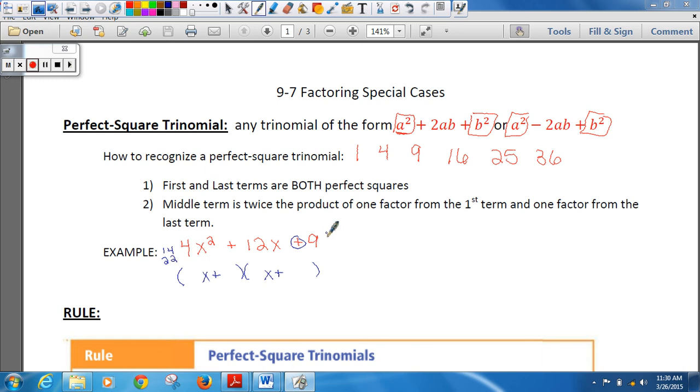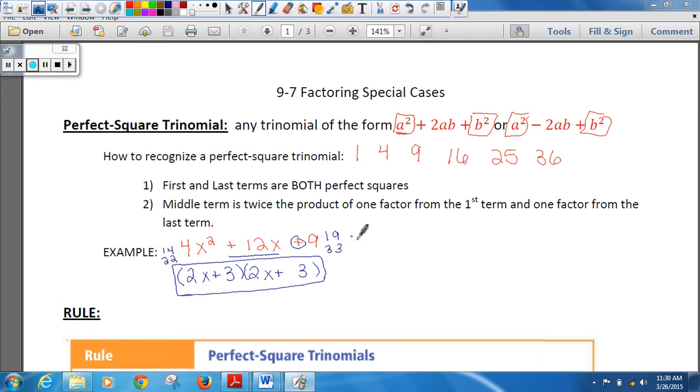The factors of 9 are 1 and 9, 3 and 3. And so I just have to guess and test and see what will work. Let's say I decide I want to do 2 and 2 here. I know the sum has to add up to 12. Well, I know 3 times 2 is 6, 3 times 2 is 6, which gives me 12. So this is my solution.